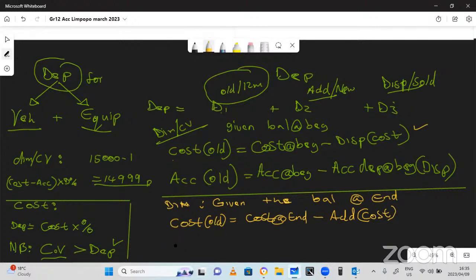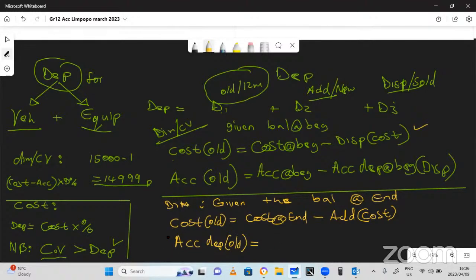To calculate the accumulated depreciation of the old, should you need it, if you are given the accumulated depreciation at the end as well, of which that's rare, you will need it. But you may not need the accumulated depreciation to calculate, but let's do it anyway.